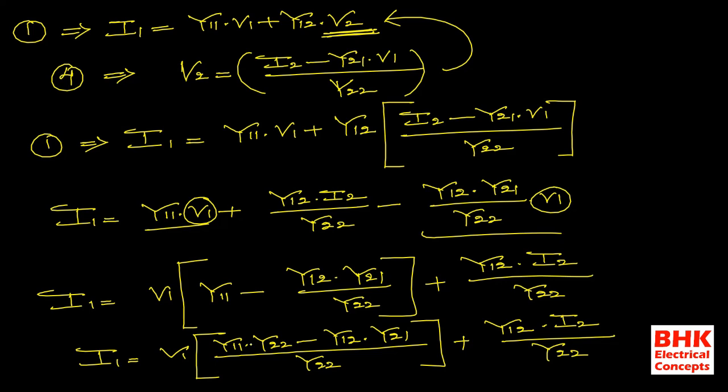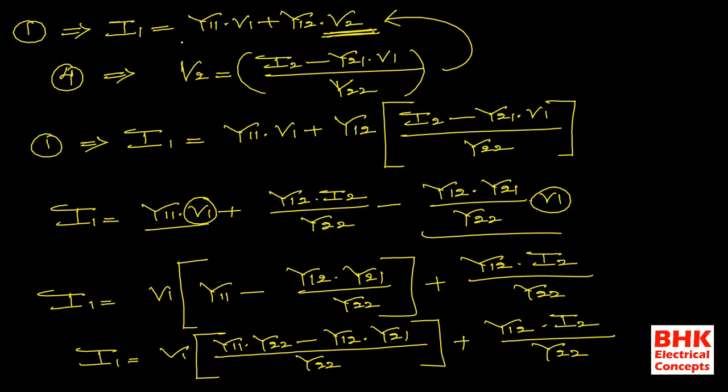Now in this expression, the first term has numerator y11 y22 minus y12 y21. Instead of this whole term, if we place delta y, then the calculation is very simple. So that is the reason we directly place delta y here.